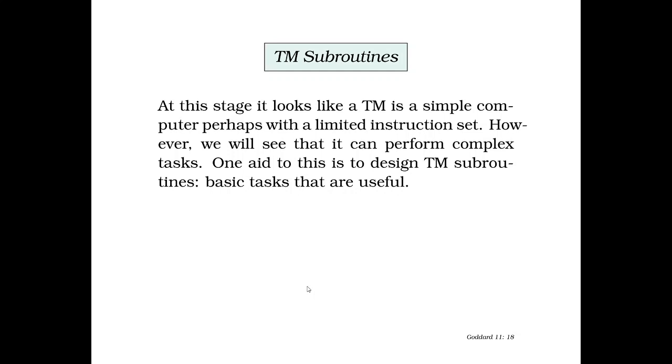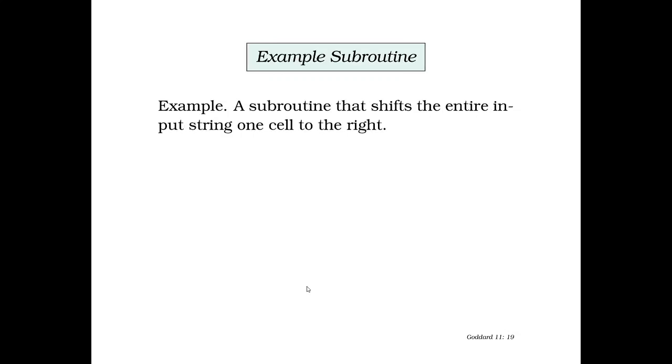What that means is that we have some basic tasks that are very useful, and we design the Turing machines for these tasks. That would really help us. Let's take an example subroutine. This subroutine shifts the input entirely one cell to the right.